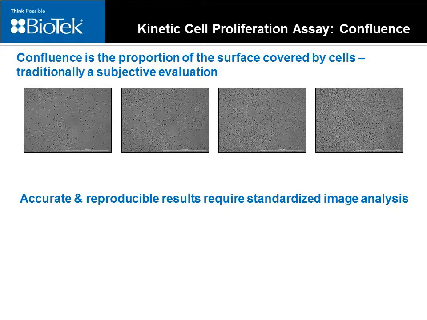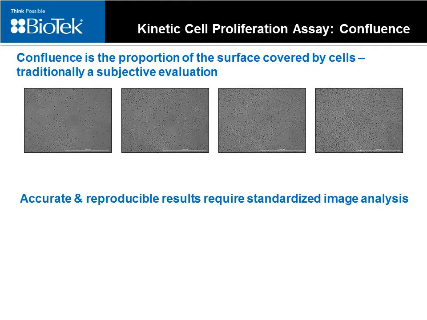Now, one effective metric used to measure the size of an imaged population of cells is percent confluence. This is the proportion of the surface covered by cells. However, assessment of confluence is typically a very subjective evaluation.